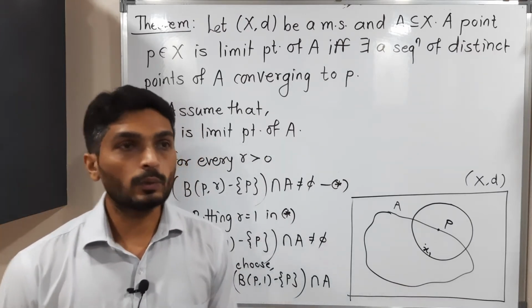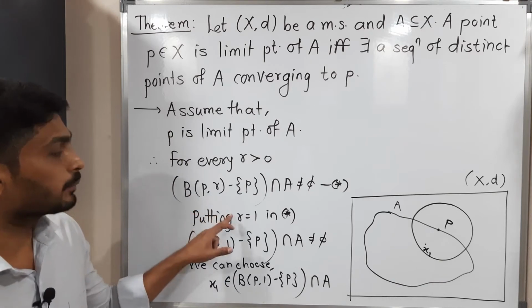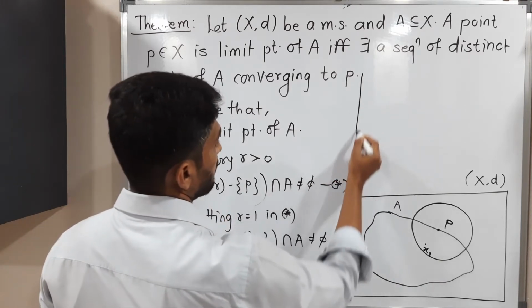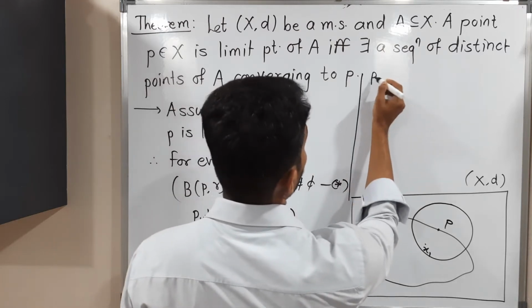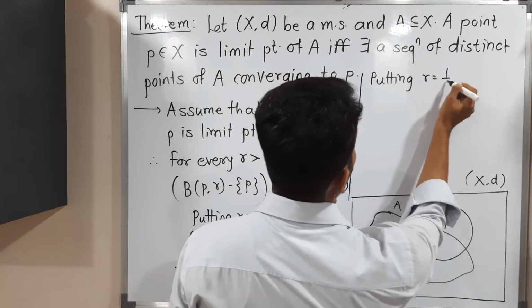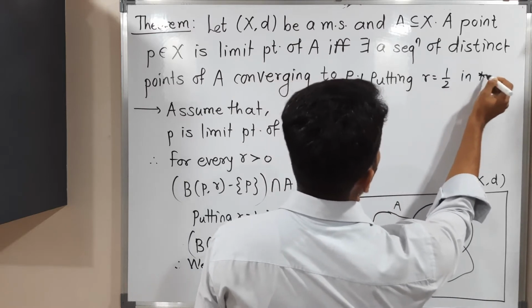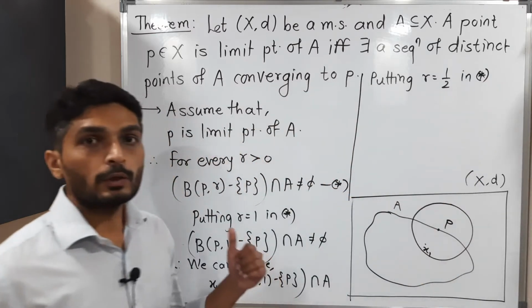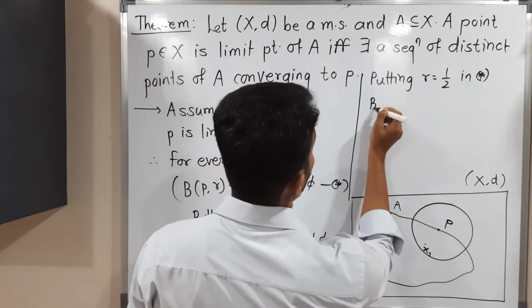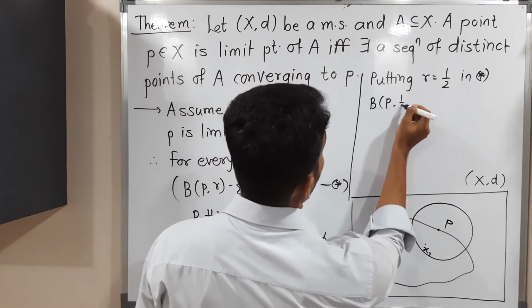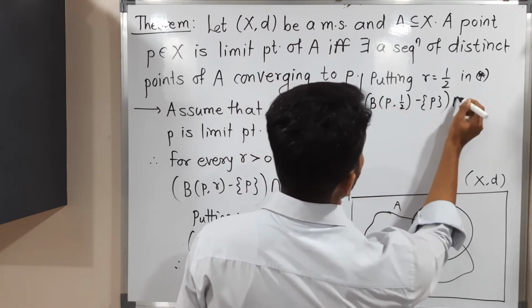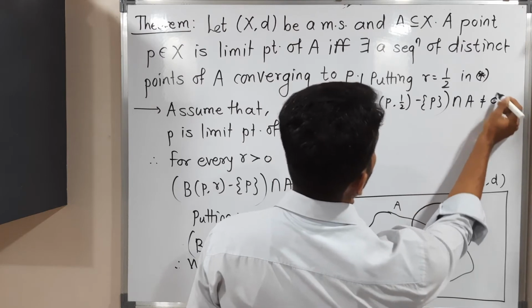After that, I am going to put r equal to 1/2. Putting r equal to 1/2 in (*), we will have B(P, 1/2) minus {P} intersection A is not equal to phi.